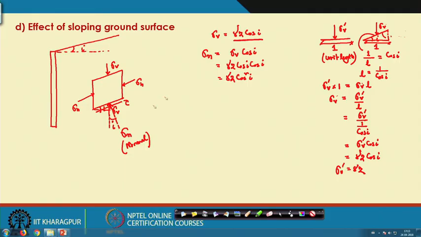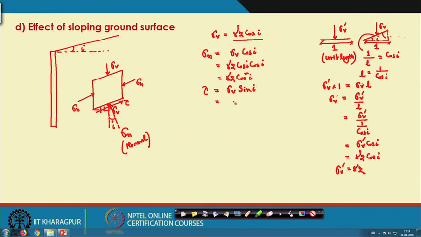So sigma n, the normal stress, is sigma v cos i, and this is gamma into z cos i cos i, so gamma z cos square i. Similarly, tau, the shear stress, which is in this direction, will be sigma v sin i.